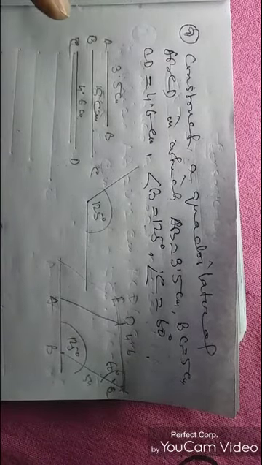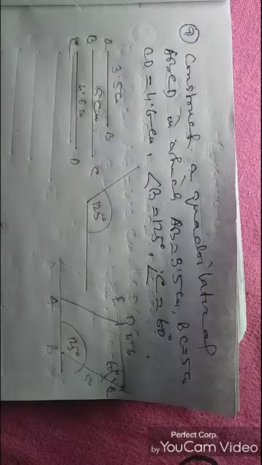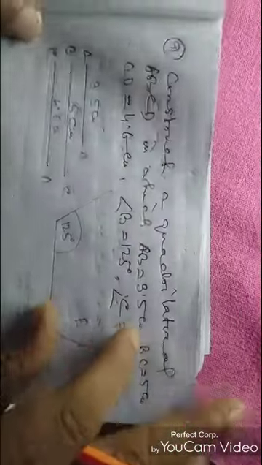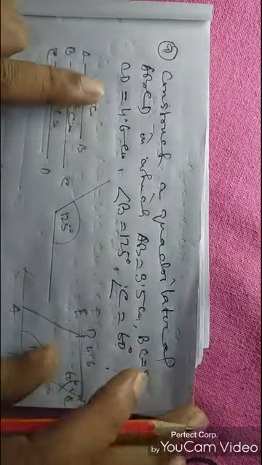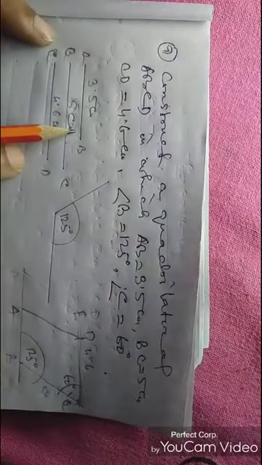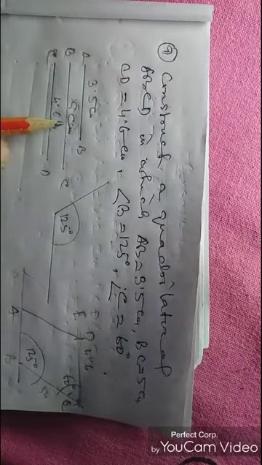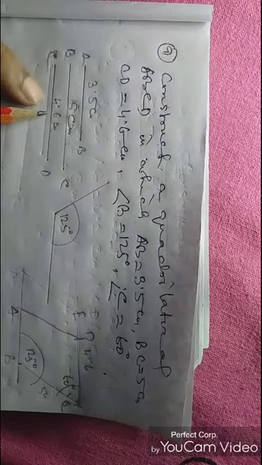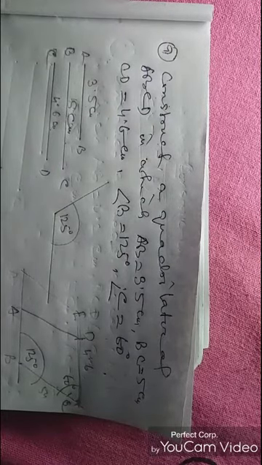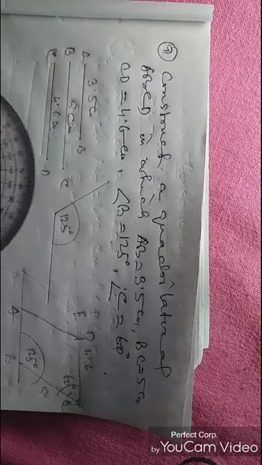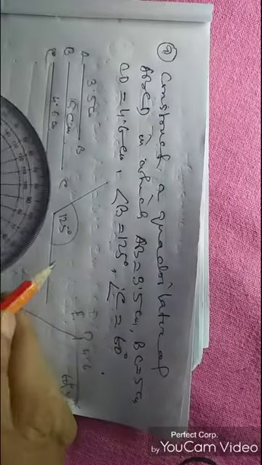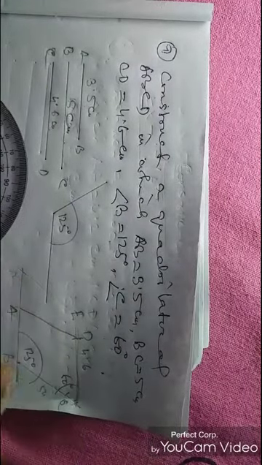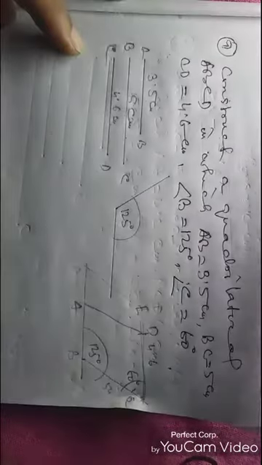Now our procedure, how to do this. I have already taken the measurements of the sides, that is AB is 3.5, BC is 5 semi and CD is 4.6 semi, and with the help of the protractor I measured 125 and draw an angle. 60 degree we can draw with the help of compass directly.